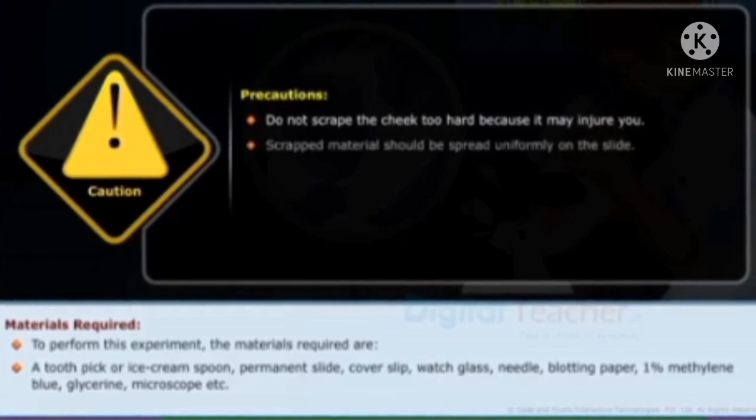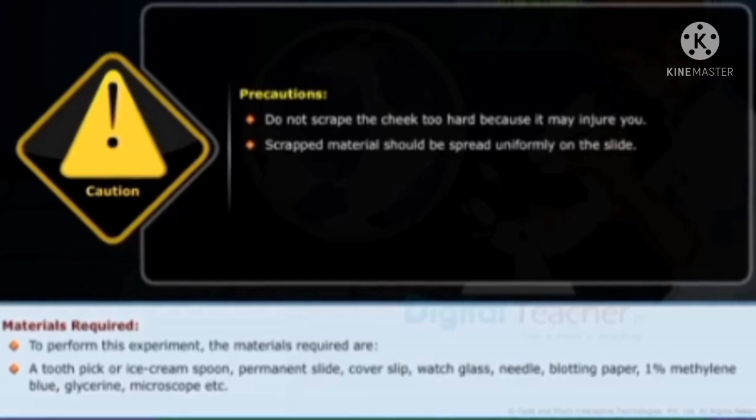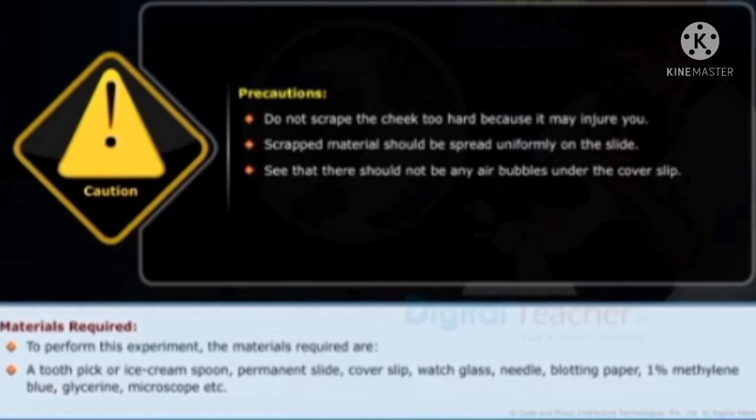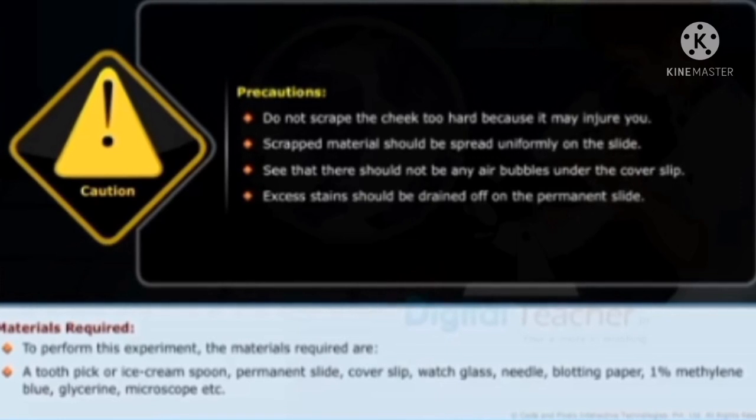The first one is do not scrape the cheek too hard because it may injure you. Scraped material should be spread uniformly on the slide. See that there are no air bubbles under the cover slip. Excess stain should be drained off the permanent slide.